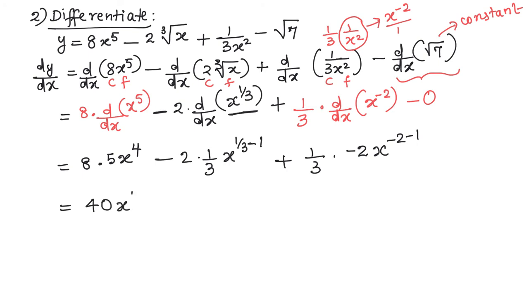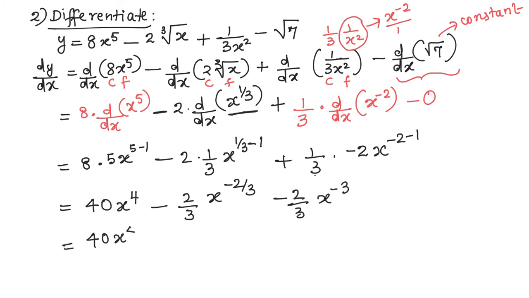So 40 x to the power 4. If you want, I can write how I'm getting the 4 here: we bring the 5 in front and subtract 1 from 5. That's how I'm getting x to the power 4. Then 2/3 x to the power negative 2/3, and 1/3 times negative 2 makes it negative 2/3 x to the power negative 3.